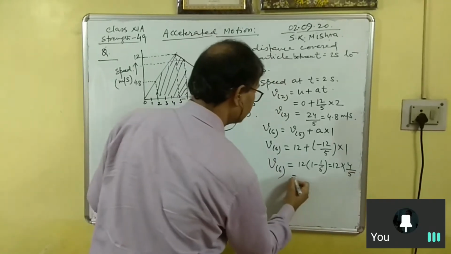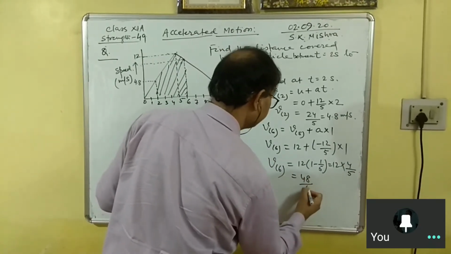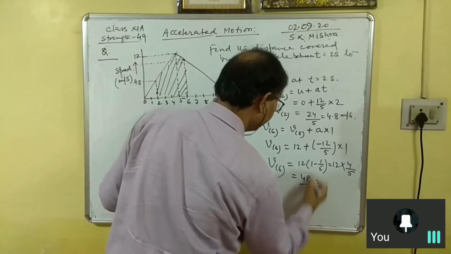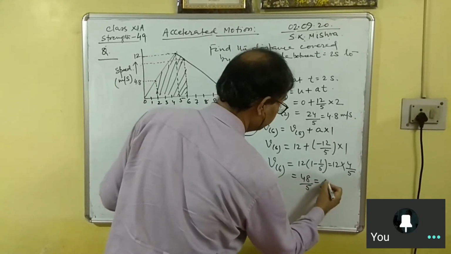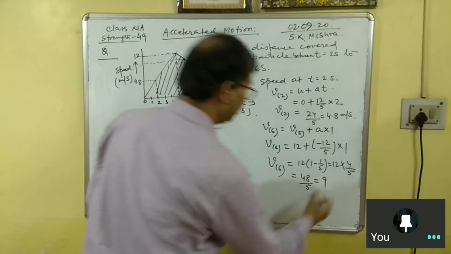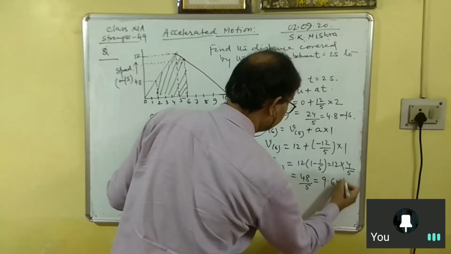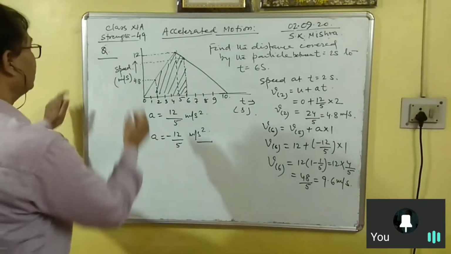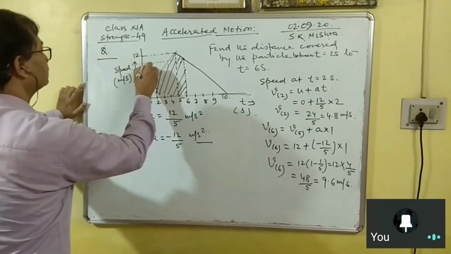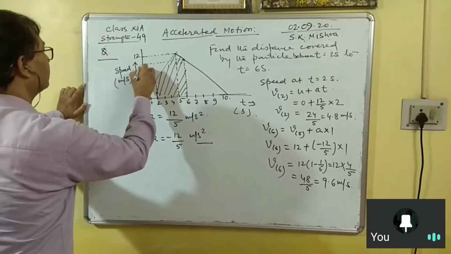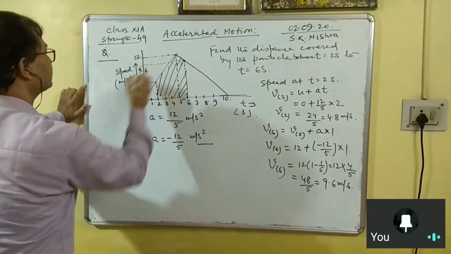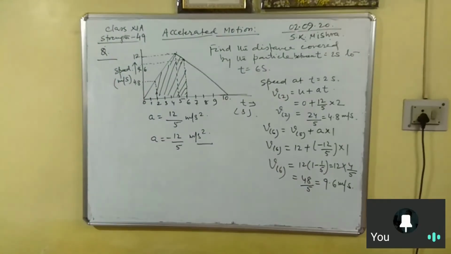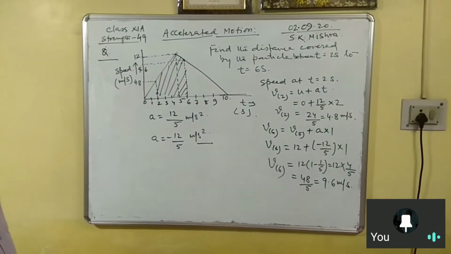So it's how much? 48 by 5. If you divide it, you will get 9.6 meter per second. So this way you are getting this speed also, I mean the speed at the end of 6 seconds is 9.6 meter per second.